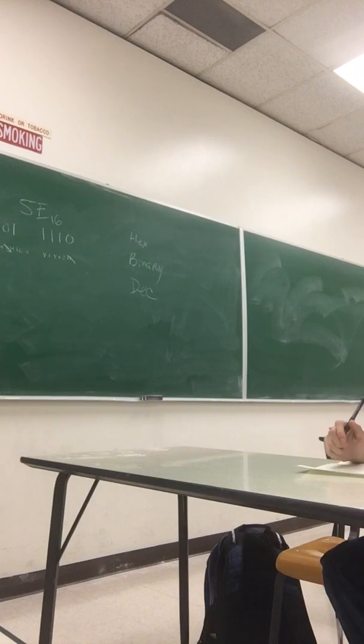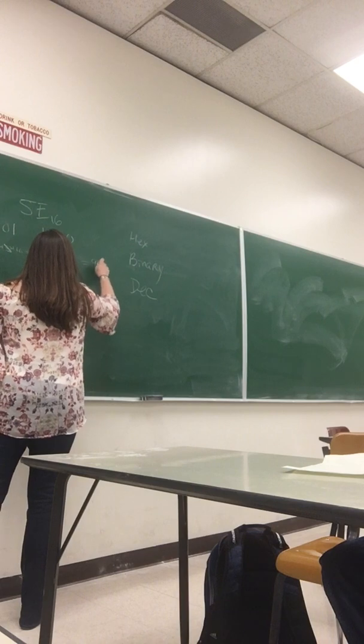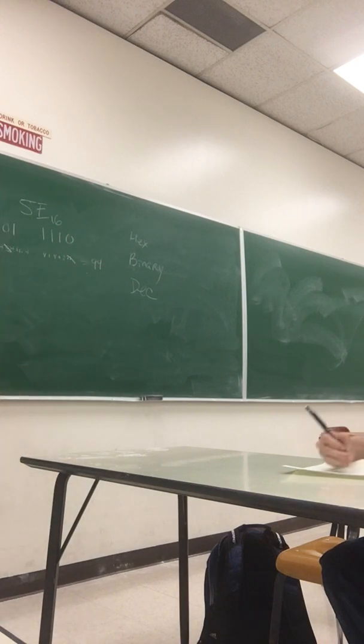I use the hex for everything: hex into binary, and hex into decimal. Okay, let's try this way first, and then I'll show you a secondary way. So this is equal to 94? Yes.